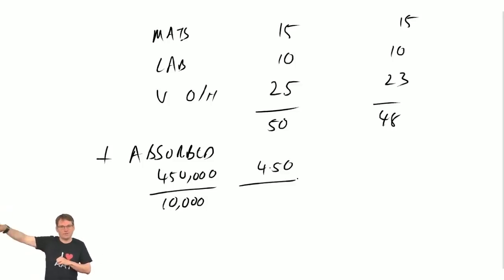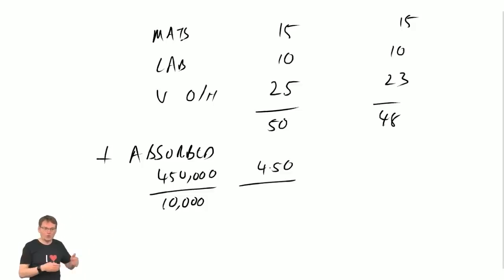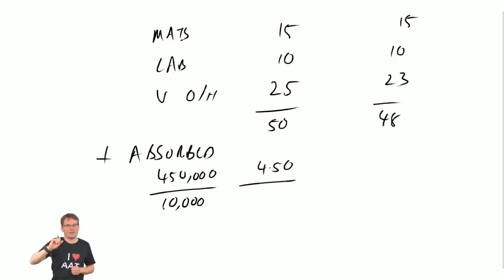Next unit, 15, 10, 25, £4.50 in the safe. We keep putting £4.50 in the safe. And then at the end of the period, we open the safe and we've got, hopefully, £450,000 in there. Whereas with marginal costing, you simply say, pay the materials, pay the labour, pay the variable overheads, and let's just write a cheque for £450,000 and hope we've got the money. That's the way that I always remembered it.